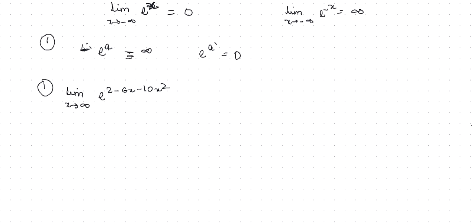The exponent is this, so it goes to minus infinity in the limit. So the exponential must go to 0. And why does this go to minus infinity? As x tends to infinity, this goes to minus infinity, because we use the infinity property.